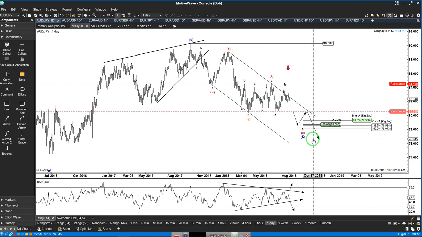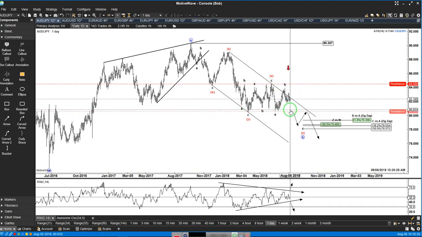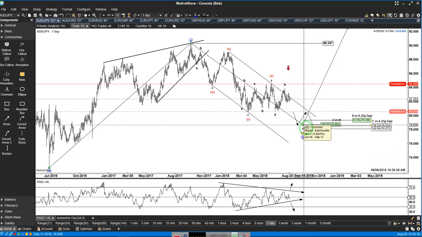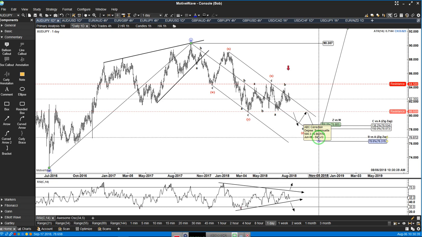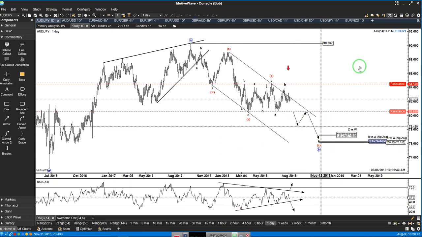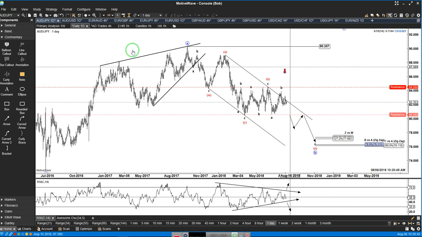So 3, 7, 11, 15 are corrections. So like I say, I think we're going to break this 80-50 support. We'll bounce back up, test it for 6, and then we'll get one more low for 7. That would complete this. Maybe down around 76 before moving higher in a C wave.